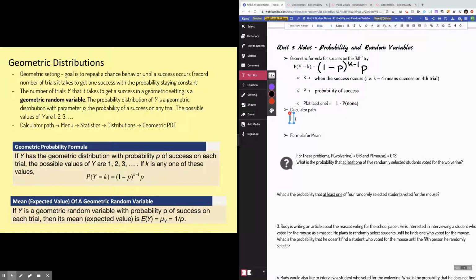Just like binomial distributions, there's a calculator path that you can follow. You go to a regular calculator page on your TI Inspire. Your path is you click the menu button, and then you choose the statistics menu. Then you choose the distributions menu.